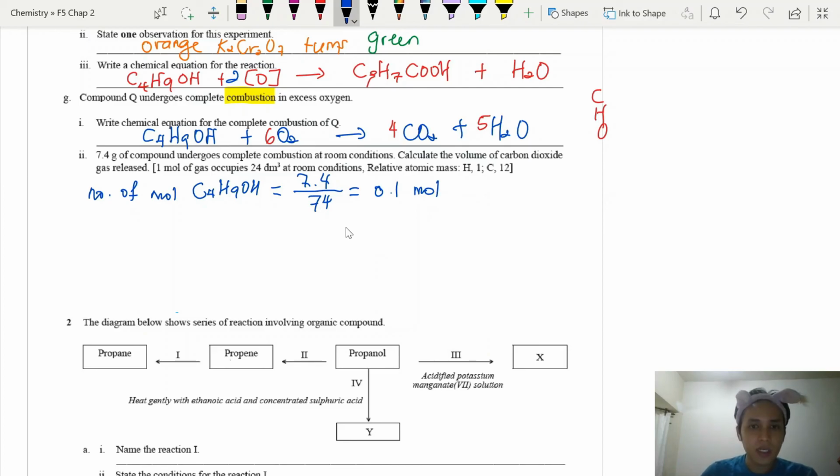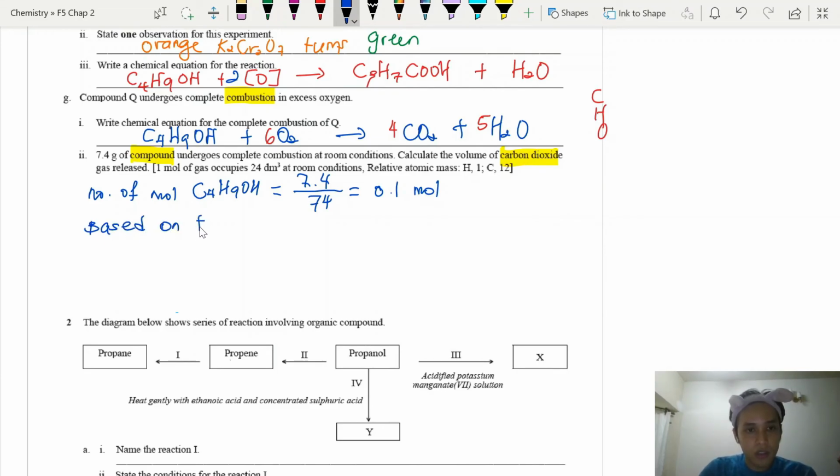Now, this is between the compound Q, meaning your alcohol, and carbon dioxide. So the ratio that we're going to take is between the butanol and the carbon dioxide. You always write this in your exam.